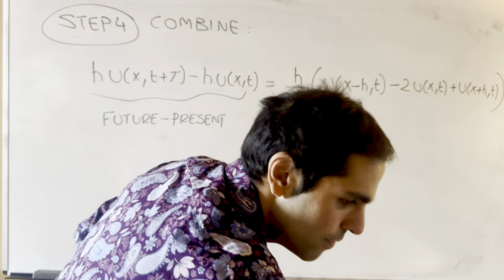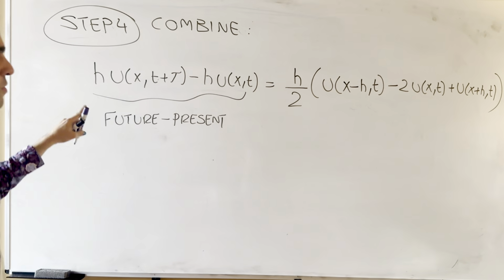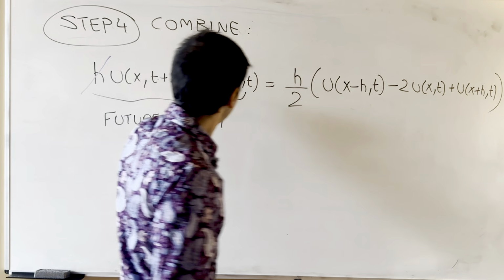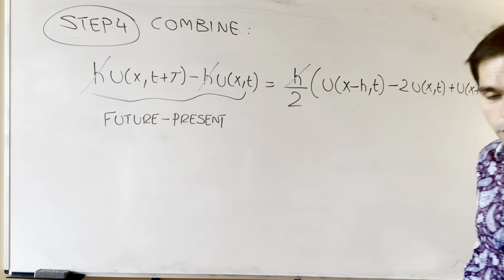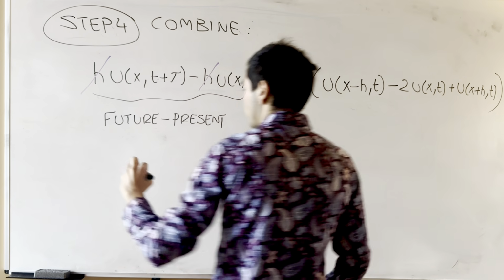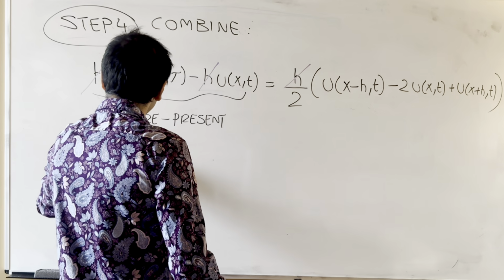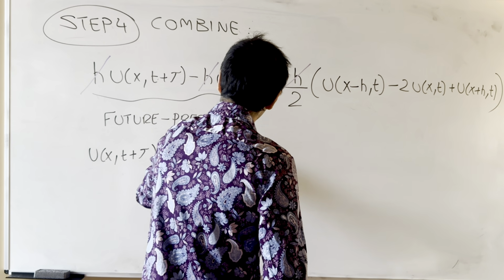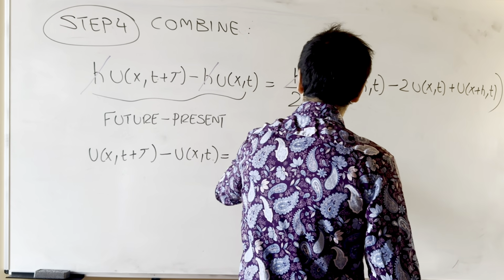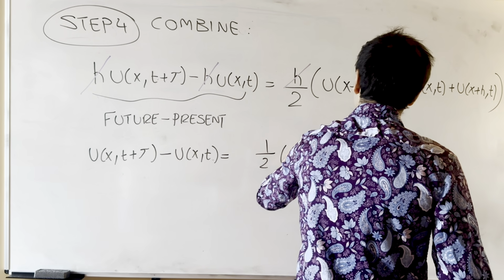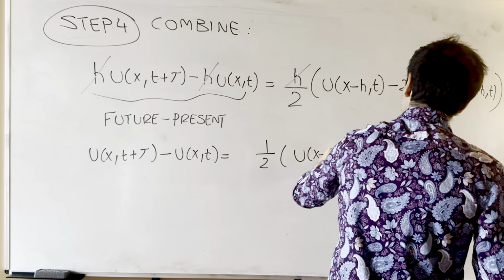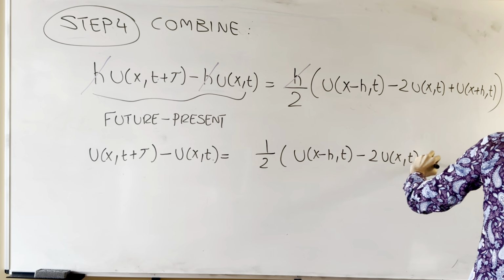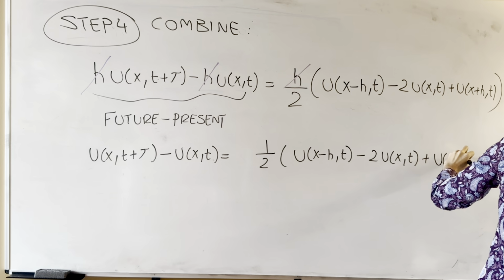But one thing already, what's nice about this is we can cancel out the H, and then we really end up with u of X, T plus tau minus u of X, T equals 1/2 u of X minus H, T minus 2 u of X, T plus u of X plus H, T.